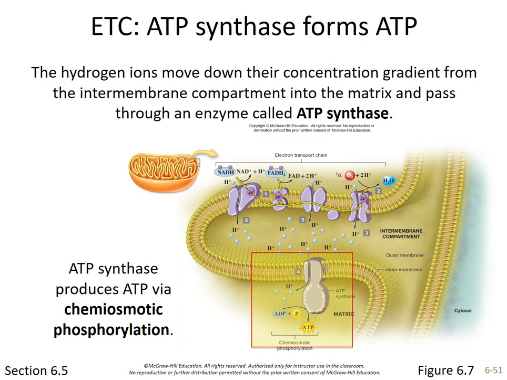These hydrogen ions move down the concentration gradient from the intermembrane compartment, which you can see is right here, but blown up, and they pass through an enzyme called ATP synthase. This enzyme, ATP synthase, produces ATP. This process is called chemiosmotic phosphorylation. It's highlighted in this box here.